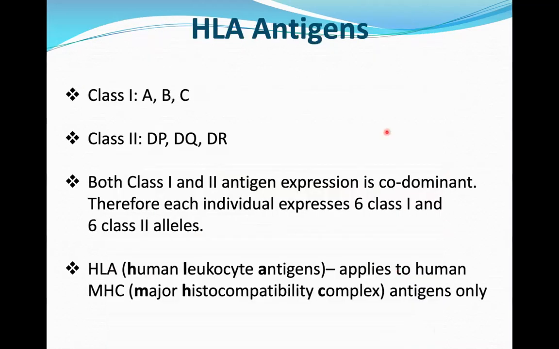Just to jog your memories about HLA, remember that there are two major classes: class 1, which consists of 3 subgroups A, B, and C, and class 2, which consists of DP, DQ, and DR. The characteristic of HLA is that they are codominant.